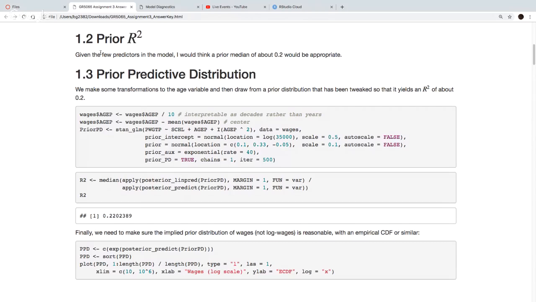So maybe think a little harder about whether you really believe the coefficient on schooling is that big, if you think the proportion of explainable variation in log wages is that small. Anyway, just bring your prior beliefs into balance, and then you're pretty much ready to go.